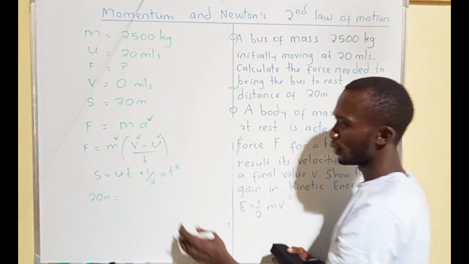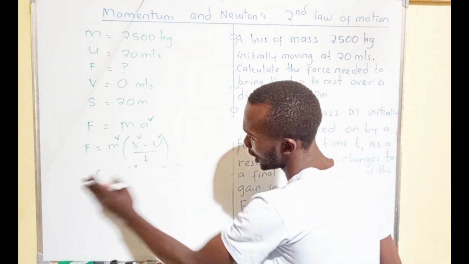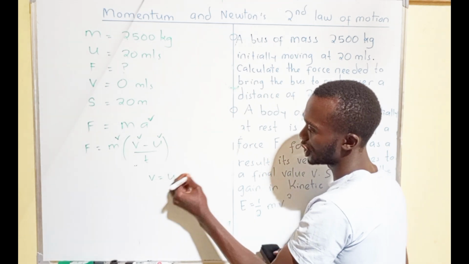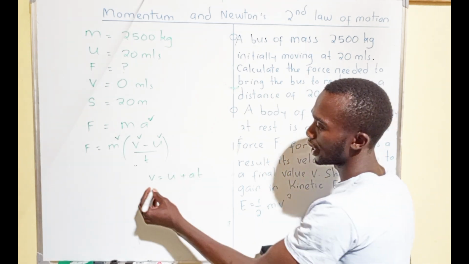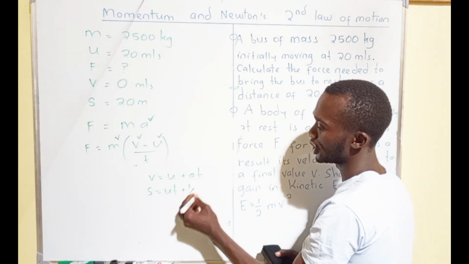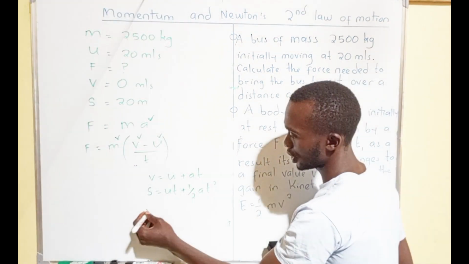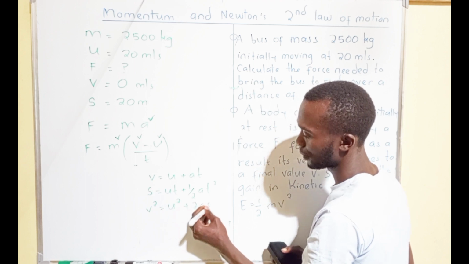Let me go back to the equations, because we don't have time or acceleration. Let me write the three equations. v is equal to u plus at. s is equal to ut plus a half at squared. And the third equation is v squared is equal to u squared plus 2as.